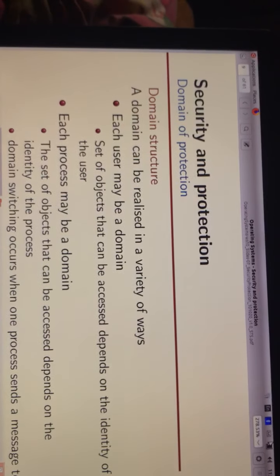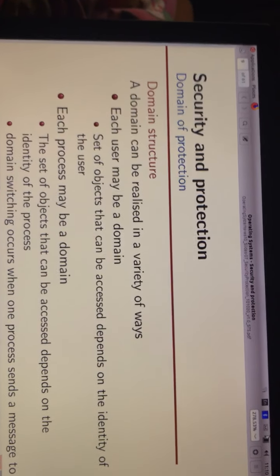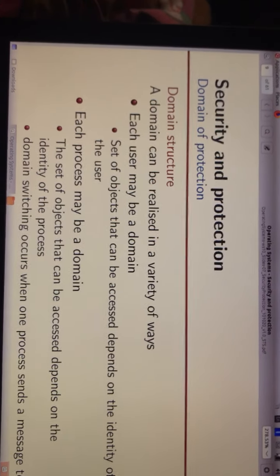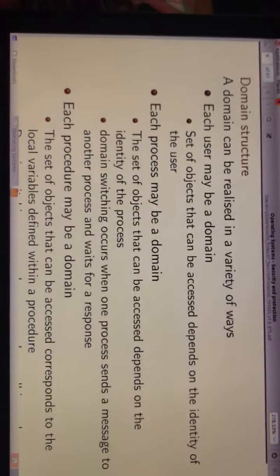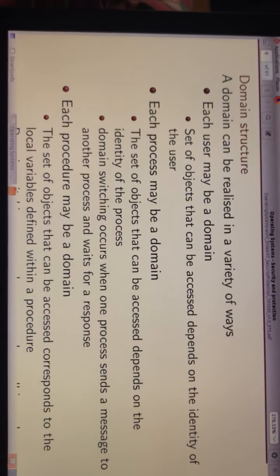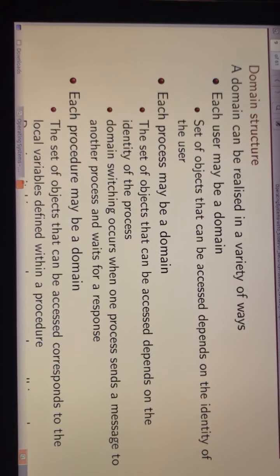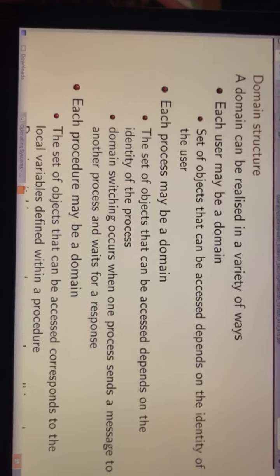Second, each process may be a domain, that means the set of objects that can be accessed depends on the identity of the process. And third, each procedure may be a domain, that is the set of objects that can be accessed corresponds to the local variables defined within a procedure.